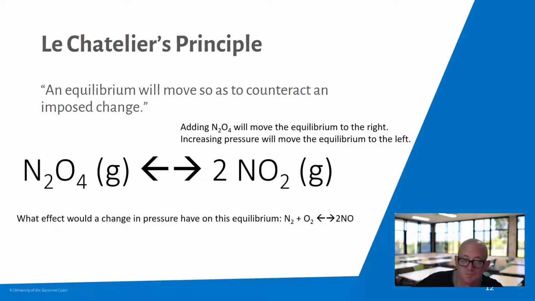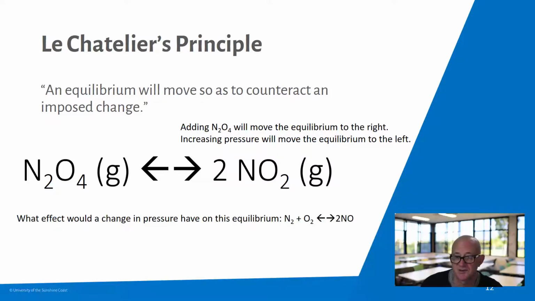Let's ask ourselves what would happen in that system, if it's at equilibrium, and you add more N2O4. You've imposed a change on the equilibrium: you've increased the concentration of N2O4. According to Le Chatelier's principle, the equilibrium will move to counteract that imposed change.